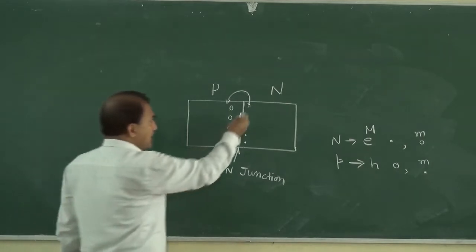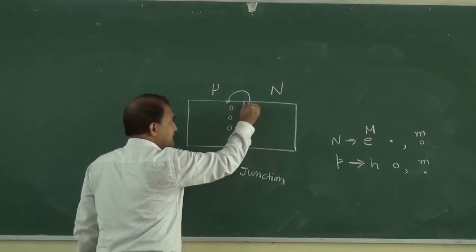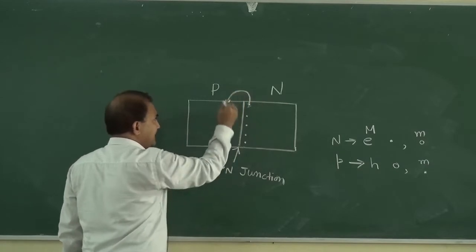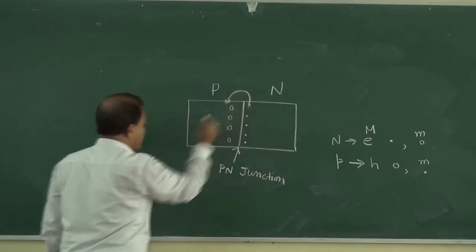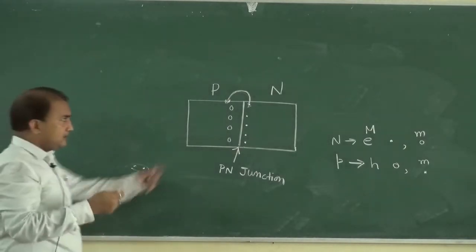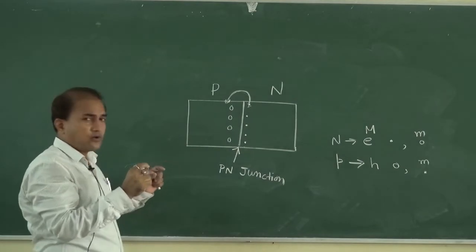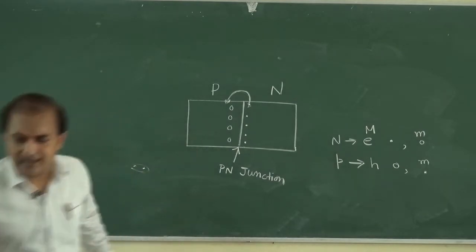After combining, when the electron diffuses from n side to p side, this electron and hole recombine, these two carriers recombine. After recombination, what will happen?